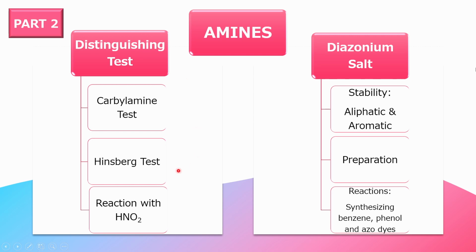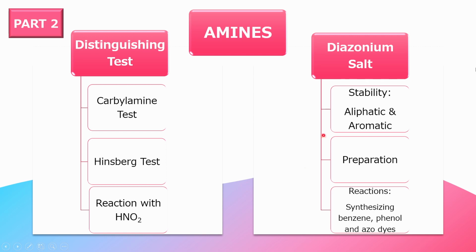The second was the Hinsberg test, which was shown by all 3 types of amines, and they gave us compounds which were either soluble or insoluble in alkali. The third was the reaction with HNO2, which again helped us distinguish between 1 degree, 2 degree, and 3 degree amines by producing alcohol, a yellow oily insoluble compound, and a water soluble salt respectively.